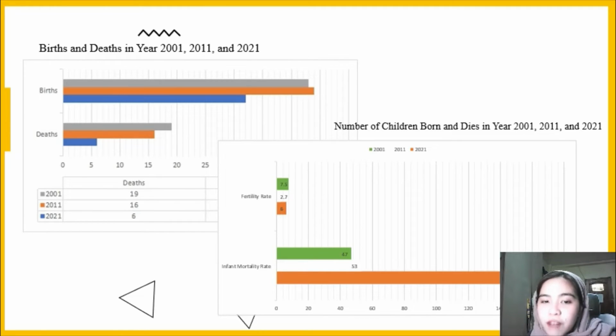So for the infant mortality rate, this is actually marami na. The number of children that die every year in 2001 is hindi masyado. They're actually close with 2011. Pero the highest rate of the children's death is in 2021.